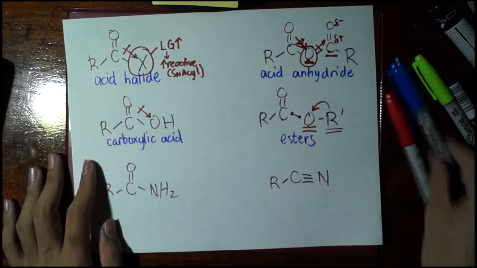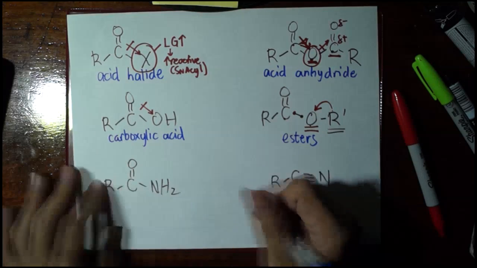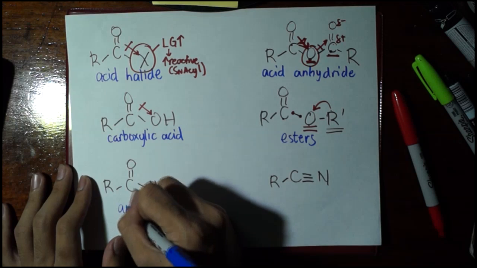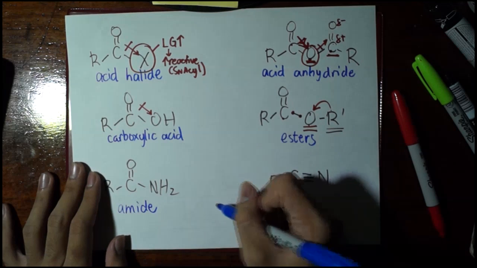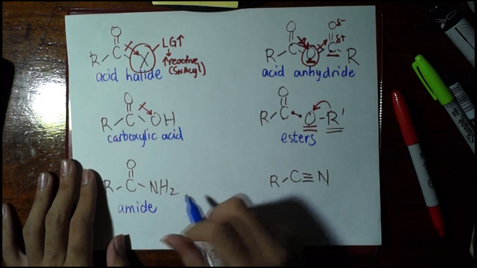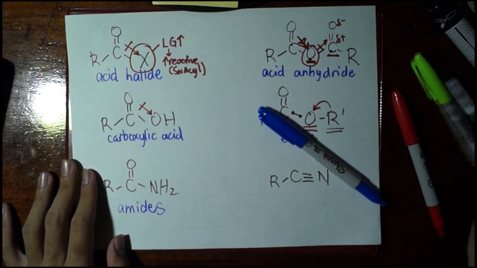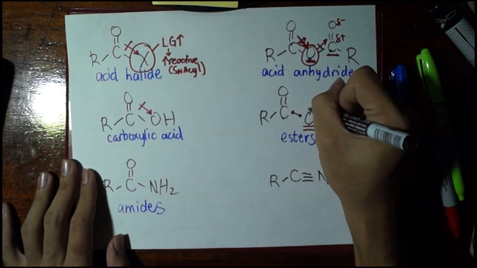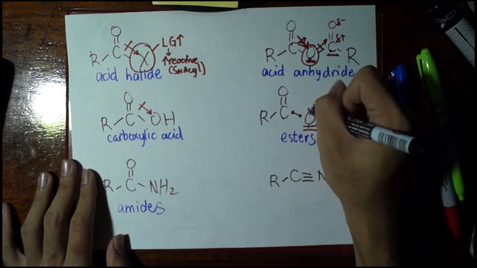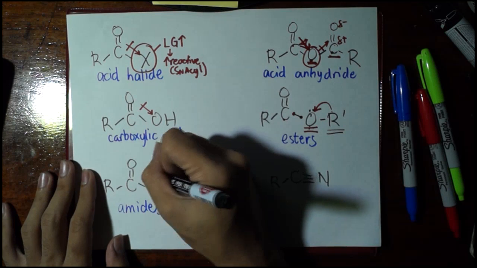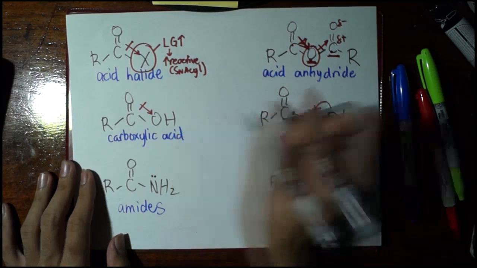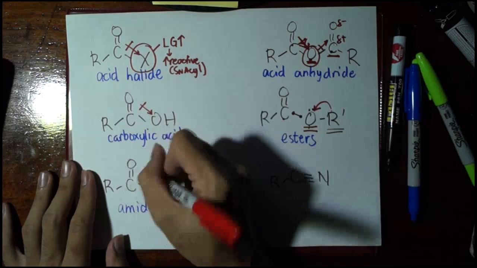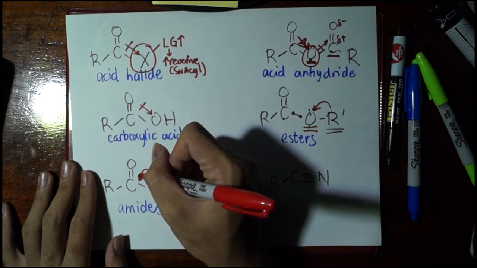Now, here we have this group, our RC double bond ONH2. We have here the amides. Okay, we have here an amide. Now, if the oxygen here has the capability to donate lone pairs to this carbon, remember that nitrogen is even less electronegative than oxygen, and nitrogen would even be more willing to donate to this carbon.